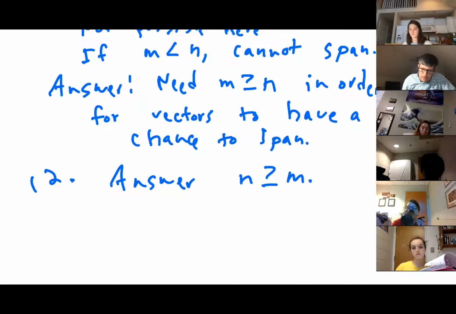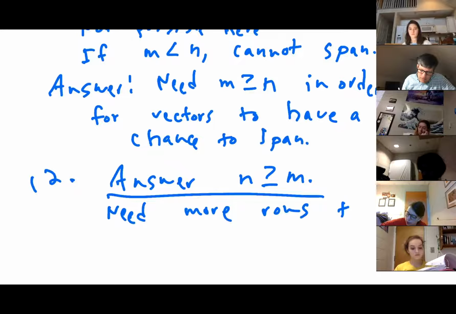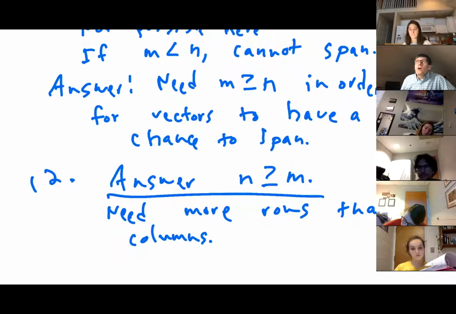Anyway, sorry, I need more rows than columns. Right? If there were more columns than rows, then I could only have one pivot in each row, but then I would be missing some columns, and that would be bad. I would be missing some columns. Does that make sense, Carrie?